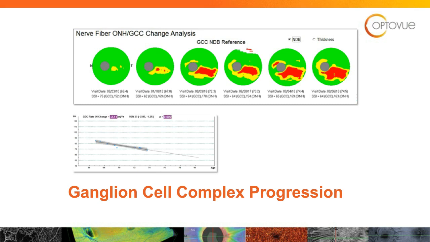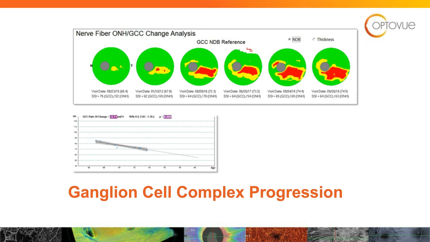The red island that on the second scan had just a little bit of red and a little bit of yellow gets bigger in the third scan, and subsequently bigger and bigger. That's the event-based. The trend-based, at the bottom of that slide, shows you also that it's changing, and we have a good confidence interval.